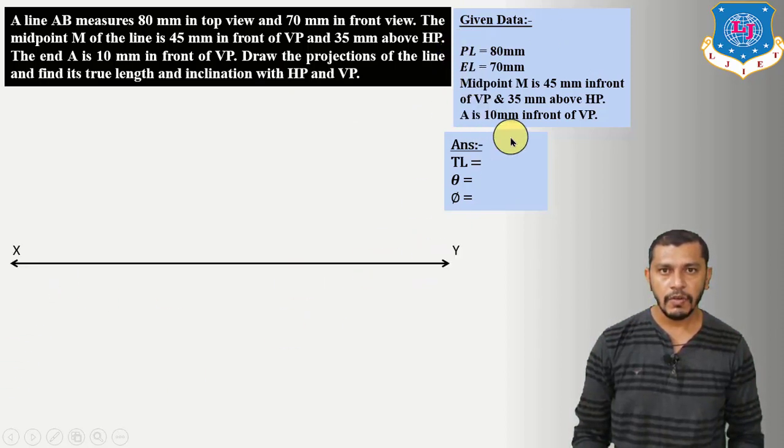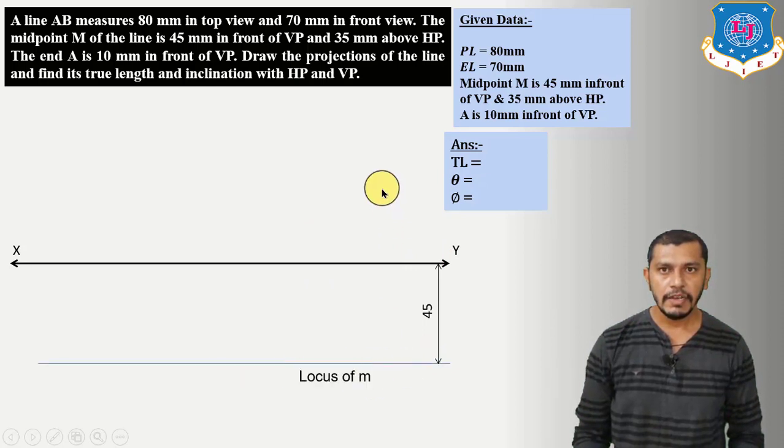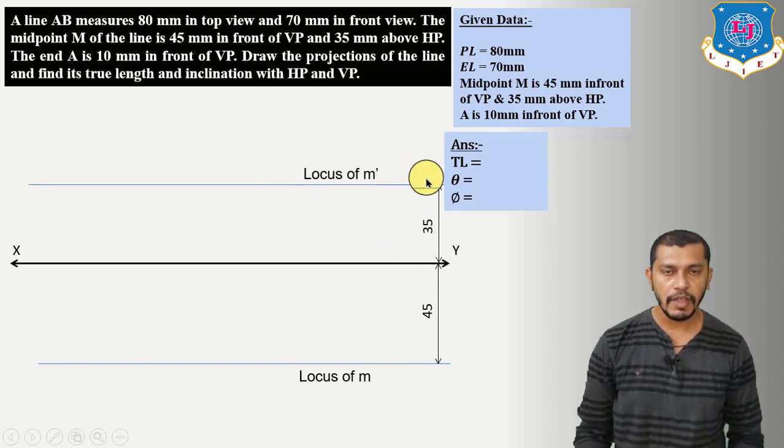Now again, we are not going to mark the plan and elevation of any given point. Right now we will draw the locus only. So midpoint M is 45 mm in front of VP, that means 45 mm below the XY reference line. We will get the locus of M, and it is 35 mm above HP. So 35 mm above the XY reference line, we will get the locus of M dash.